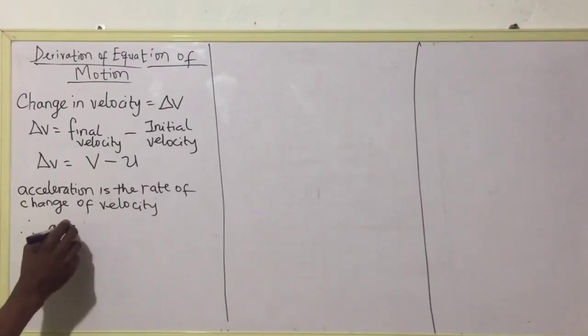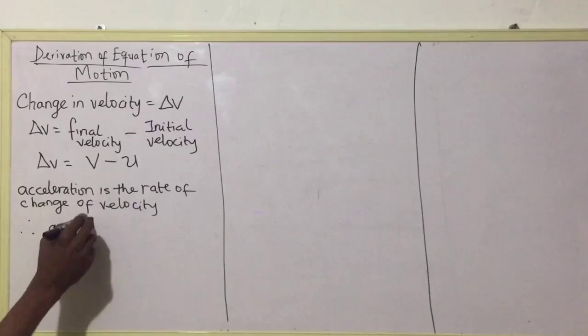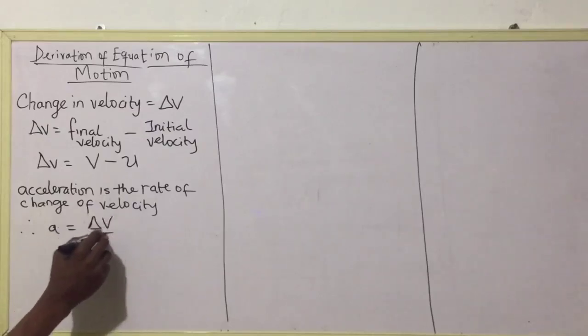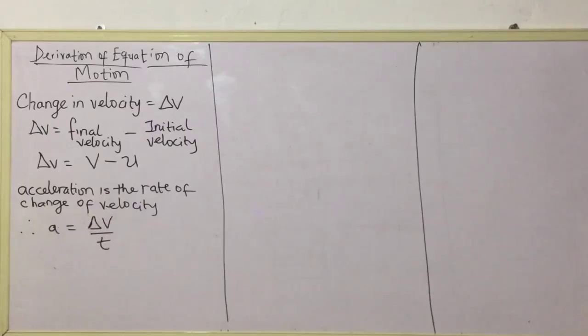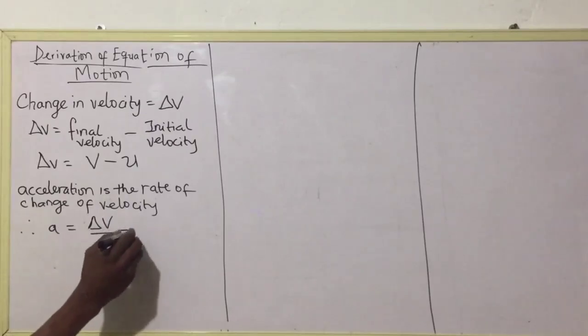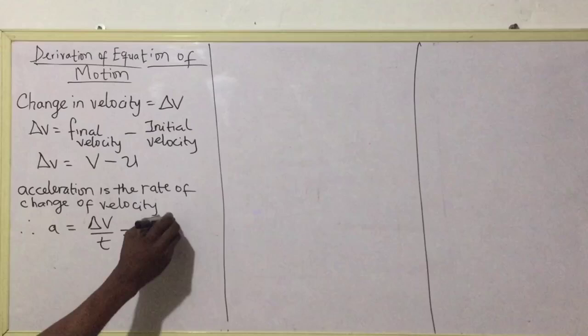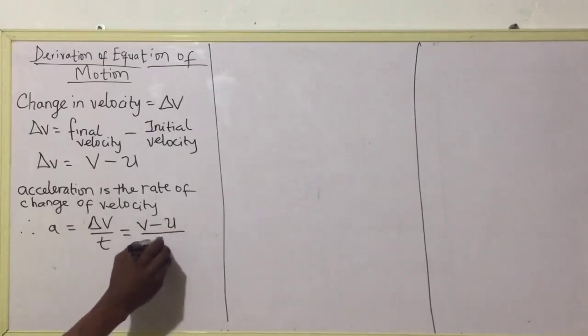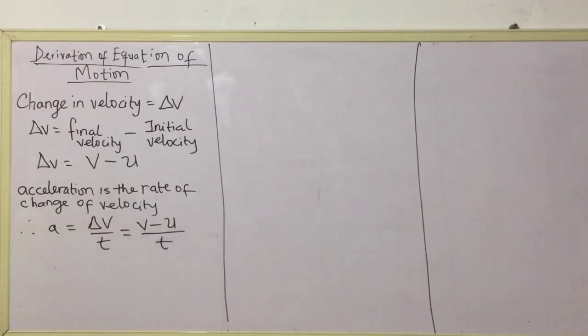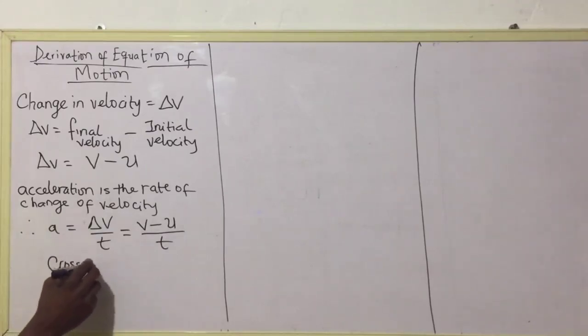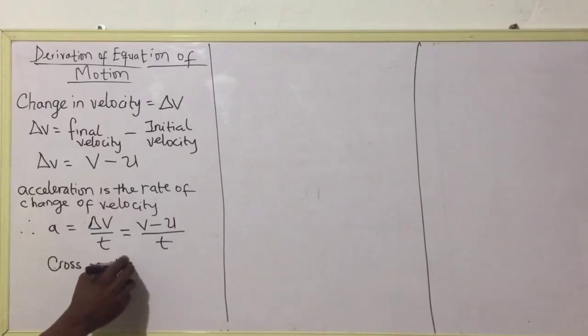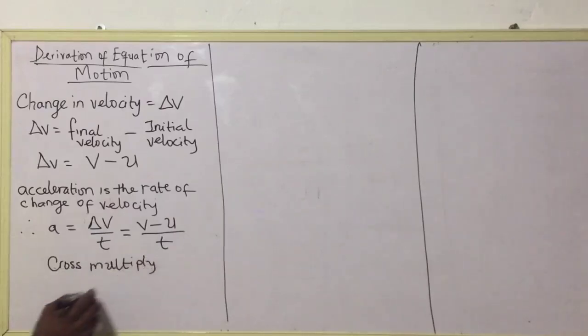So our rate of change in velocity would be A, which is equal to change in V over T. We are putting our T there because of the term rate. And change in V is the same as V minus U. So our A would be equal to V minus U over T.